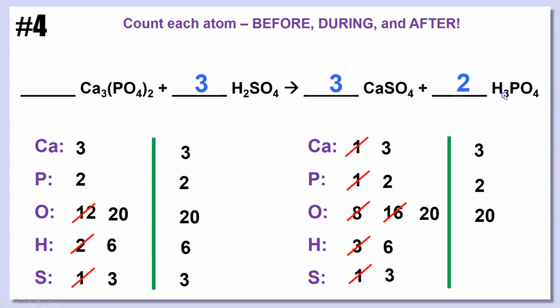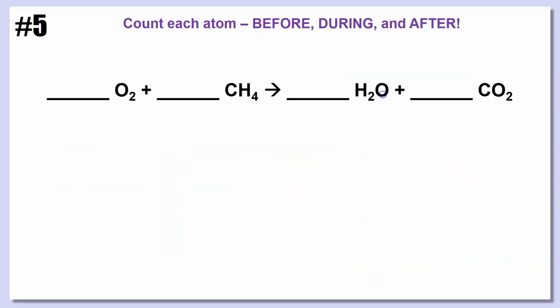I have 2 times 3 for my hydrogens, and I have 3 sulfurs. Oh, kind of a terrible problem, but we did it. Lot of elements, lot of atoms, lots of back and forth, but it worked.